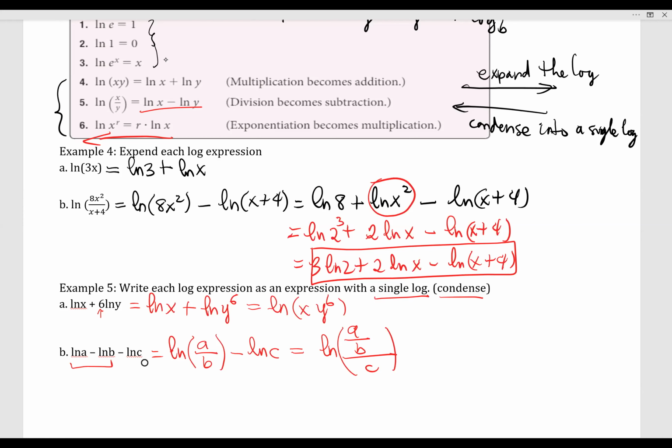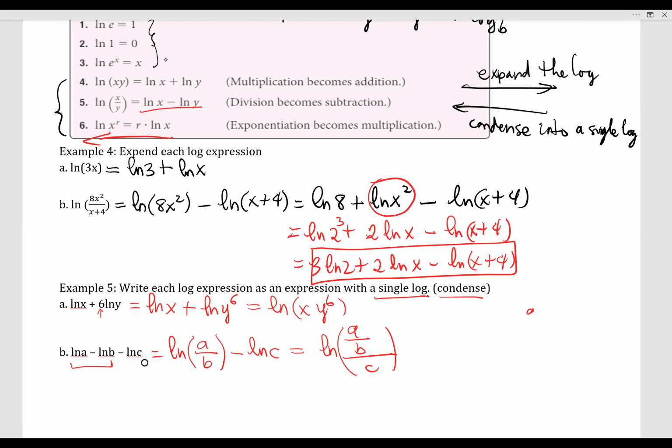It looks complicated now, I know, but if you carefully consider each fraction bar here, it is like a division, right?